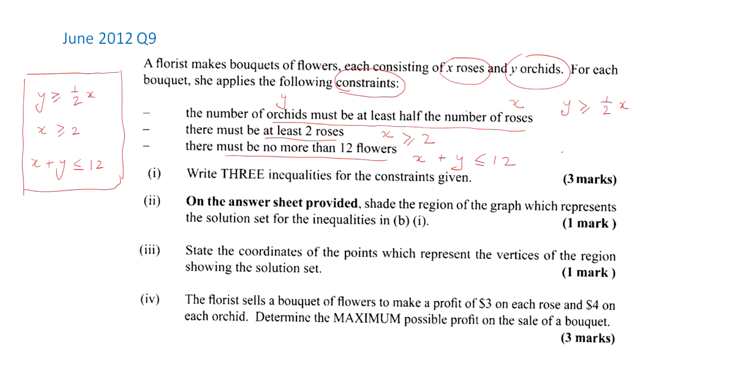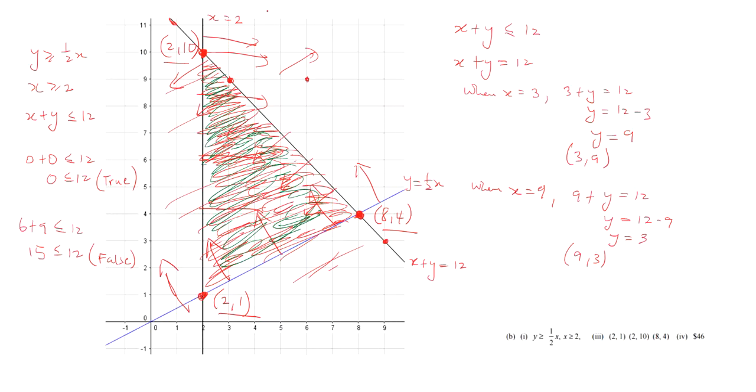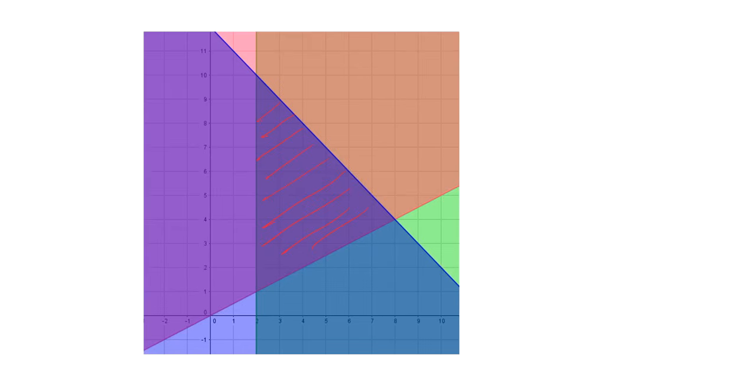Then the florist sells a bouquet of flowers to make a profit of $3 on each rose and $4 on each orchid, determining the maximum possible profit on the sale of a bouquet.